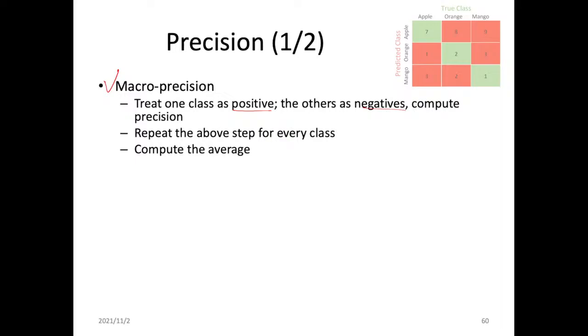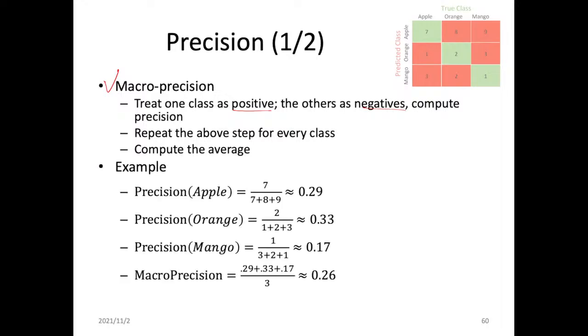I'll give you an example. If we treat apple as positive and the others as negative, then based on this confusion matrix, we predict 7 plus 8 plus 9, 24 instances as positive, because now we regard apple as positive. Out of them, only 7 are indeed positive, so the precision is this much. Likewise, here we regard orange as the positive class.